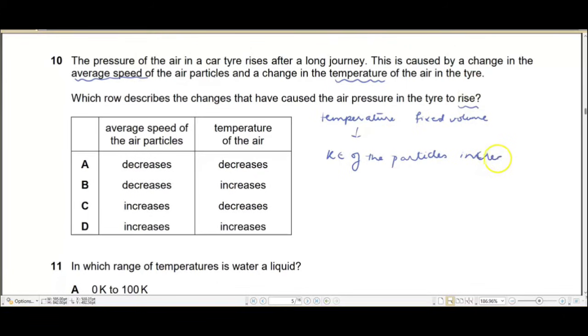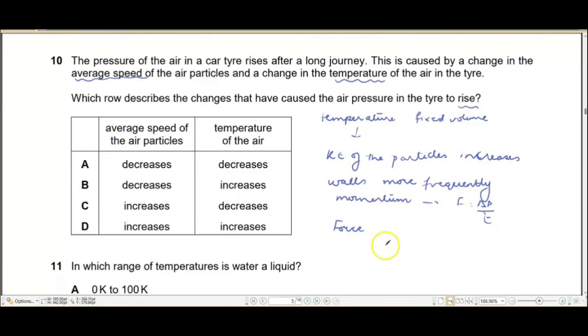So when the kinetic energy of the particles increases, they collide with the walls of the container more frequently. And when they do that, the momentum increases, and force is also defined as change in momentum over time. So when this momentum increases, the force also increases.